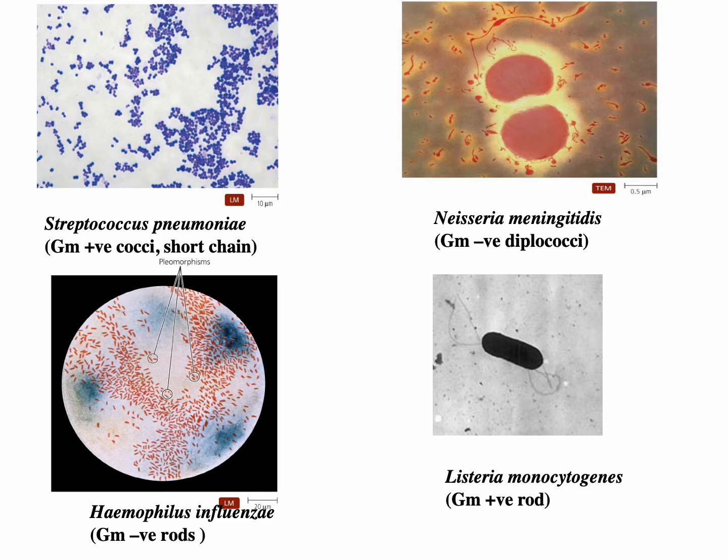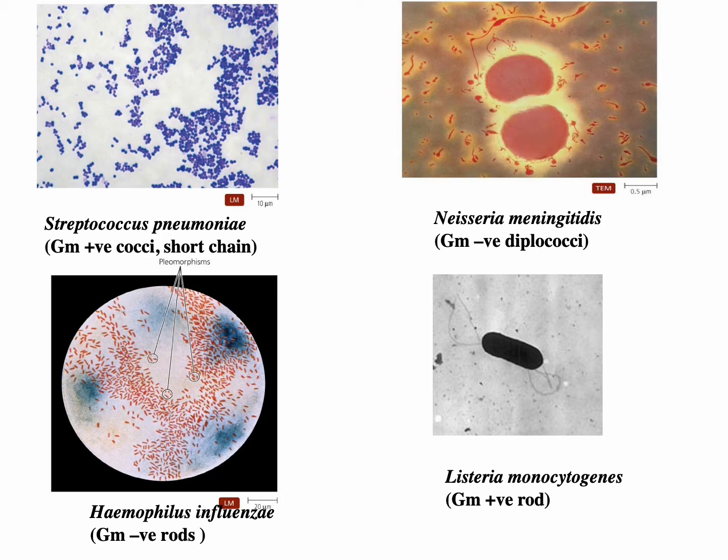You do a gram stain. Neisseria meningitidis has a very interesting, unique shape and appearance. It's called gram-negative diplococci. Diplococci means 2 cells. You can see the 2 cells stuck together, and you can probably see it's sort of kidney bean shaped, right?